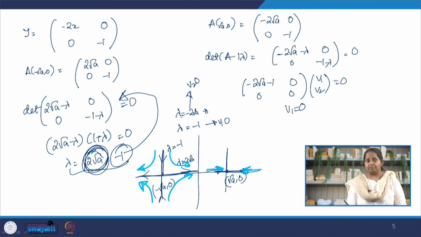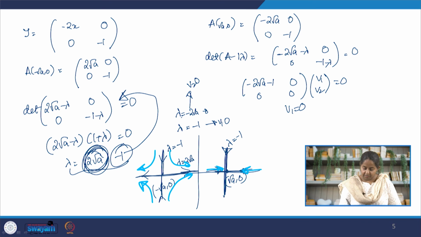So now we can finish our phase portrait here. At V1 equal to 0, which means in line with the y-axis, lambda is minus 1, and in line with the x-axis, lambda is given by minus 2 root a. So we need to know which is the slower eigenvector.